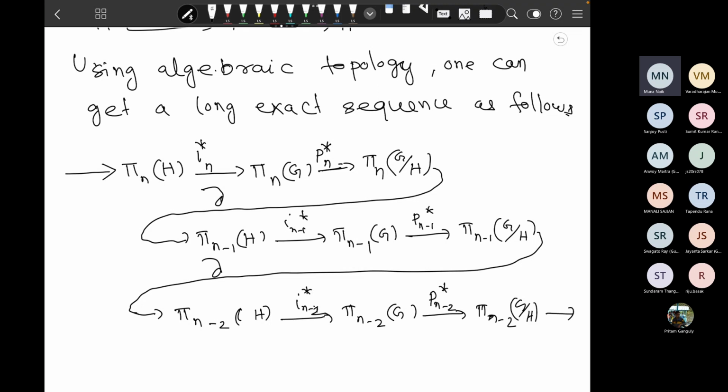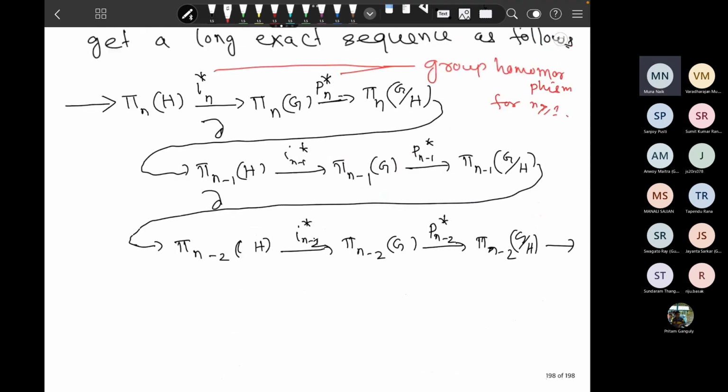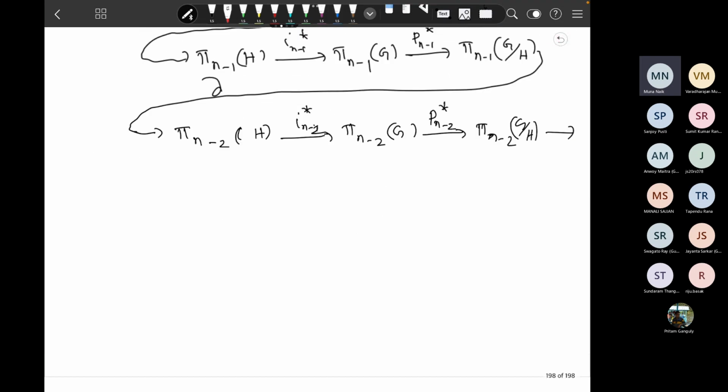And these i n star, p n star are all group homomorphisms for n greater than or equal to 1. So this is the tool we will use.